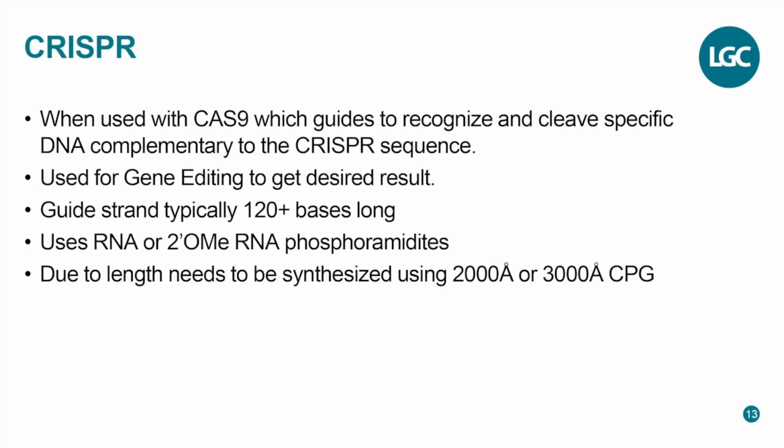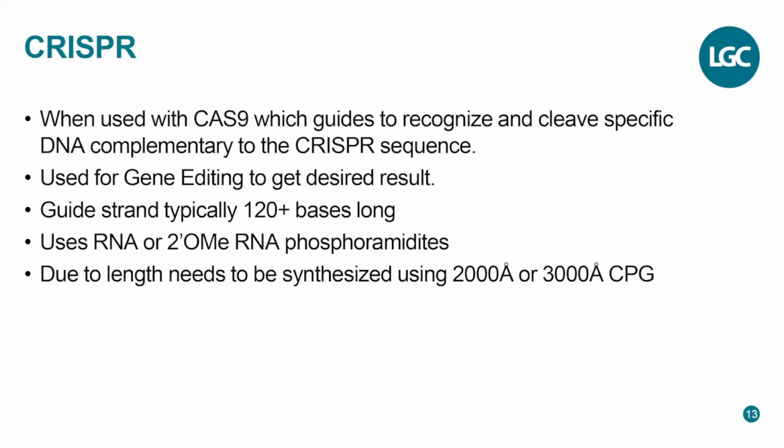For example, CRISPR is used with a Cas9, which guides to recognize and cleave specific DNA complementary to the CRISPR sequence, used for gene editing to get the desired result. So if you have a genetic mutation, that could be fixed by using this technique. Guide strands are usually about 120 bases long, which is not an easy synthesis. There are some tricks and tips for that.